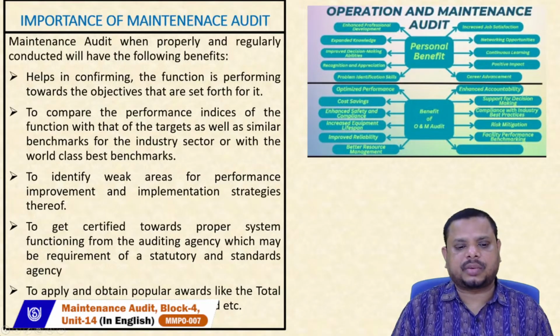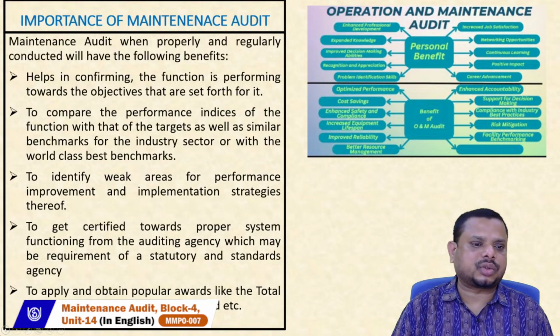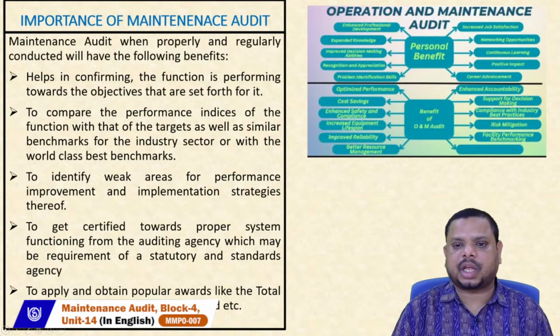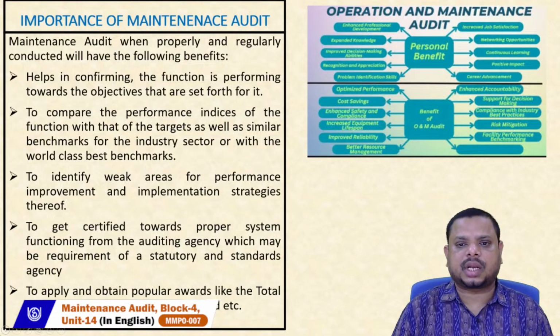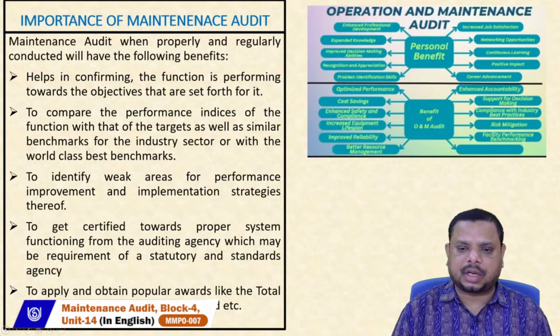The Total Productive Maintenance award includes implementation of ISO 9000, implementation of ISO 14000, which applies to environmental management systems, and the occupational safety and health assurance system for the employees who dedicatedly work for the company.